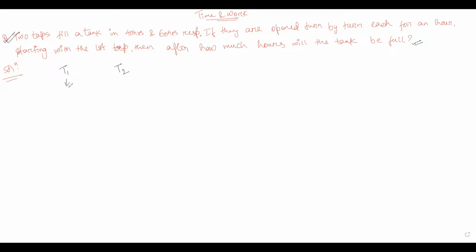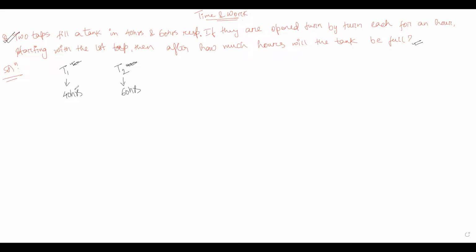Tap T1 is filling the tank completely in 40 hours and tap T2 is filling the tank completely in 60 hours. So for the first hour, tap T1 is open, and then for the second hour, tap T2 is open. For the third hour, again, tap T1 is open. For the fourth hour, tap T2 is open, and so on. So after how many hours will the tank be full?